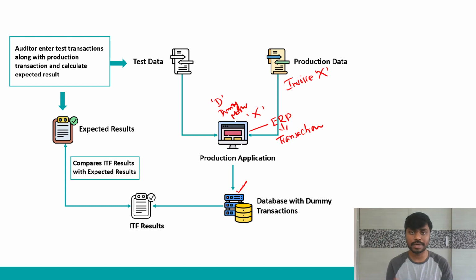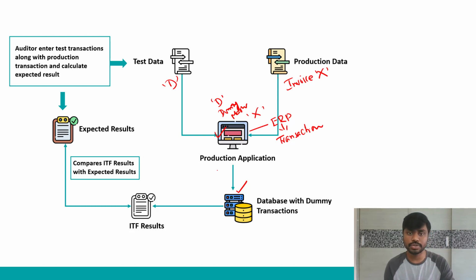This is the right hand side process flow, whereas on the left hand side they create an invoice for supplier D and post it in the actual client application production environment.